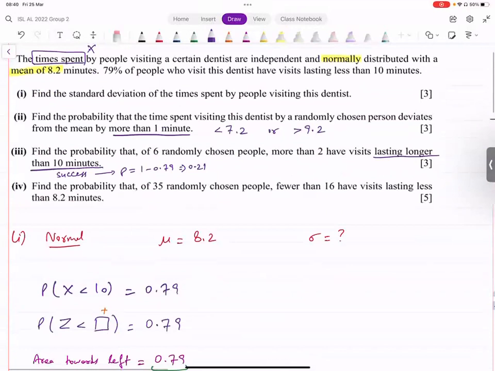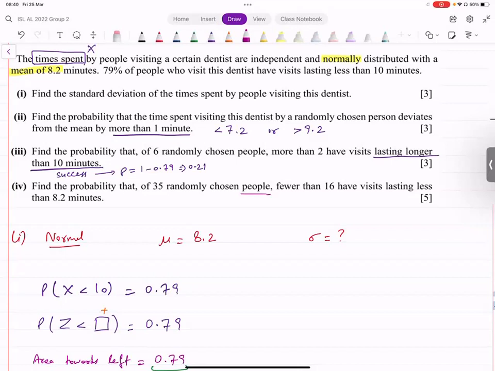Part 4. Now it's a 5-mark question. It says find the probability that of 35 randomly chosen people, fewer than 16 have visits lasting less than 8.2 minutes. Now again, what distribution is this? यहाँ से people की बात हो रही है, लोगों की बात हो रही है, so it's discrete.